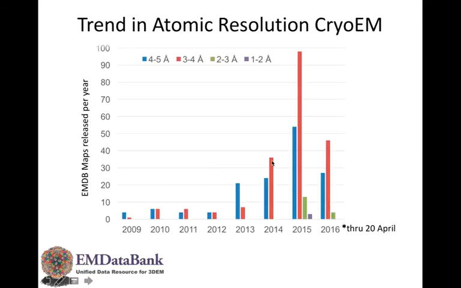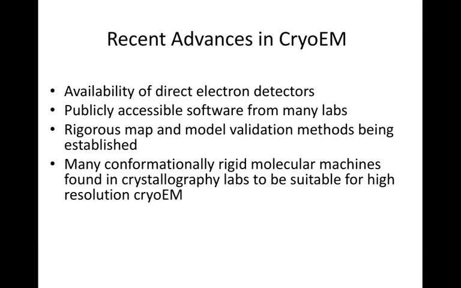Just last year alone, we have close to 100 structures solved by cryo-EM at 3 and 4 angstrom resolutions. And the question is, why all of a sudden in the last 3 years can such a large number of structures be solved at these kinds of resolutions?